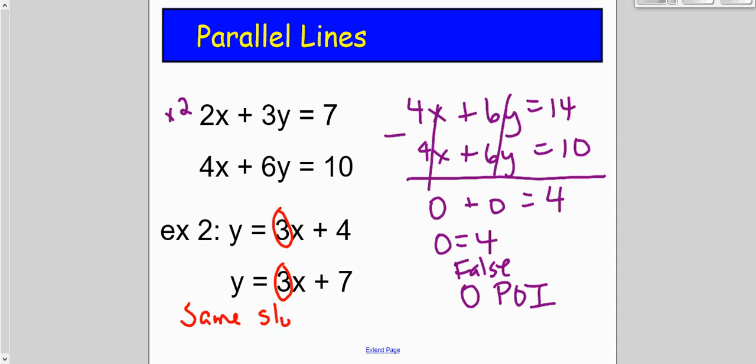And we know whenever we have the same slopes that we're going to end up with either parallel lines or the exact same line. Now we know that they're not the exact same line because look at our b values. Our b values are different. So same slopes but different b values will give us parallel lines.